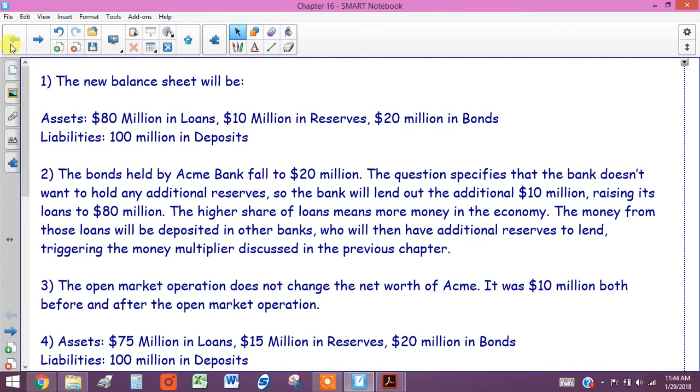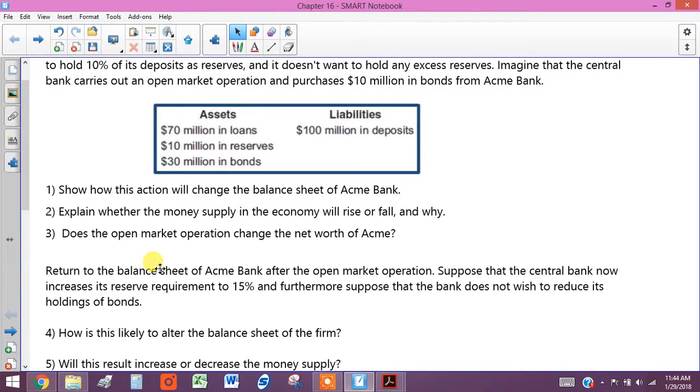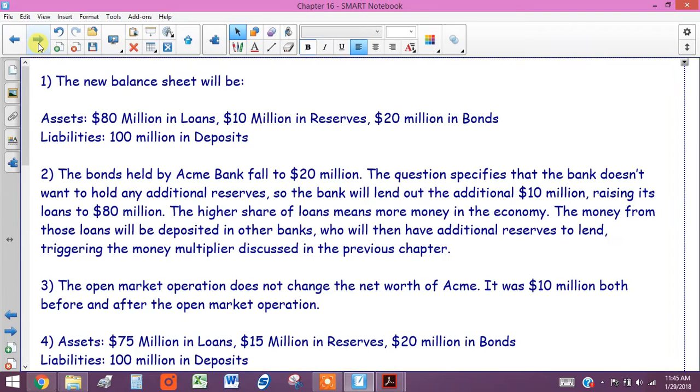Okay. Number three, does the open market operation change the net worth of Acme? No, because it just redistributed the assets. You still have $10 million more in assets than they have in liabilities. And if we look back at our answer, we can see that 80 plus 10 plus 20 is 110.